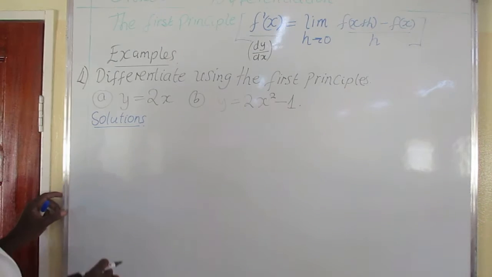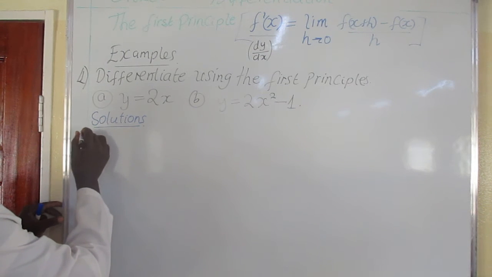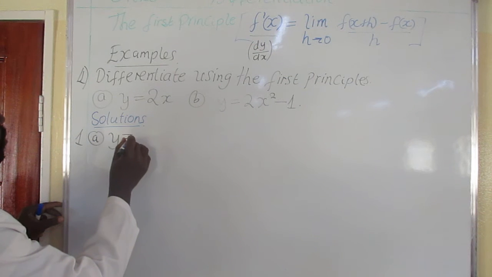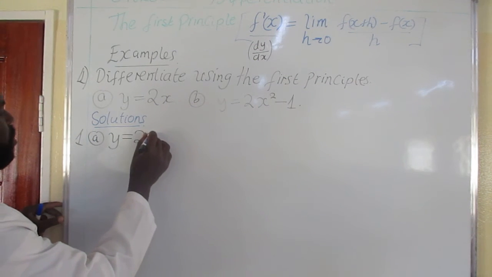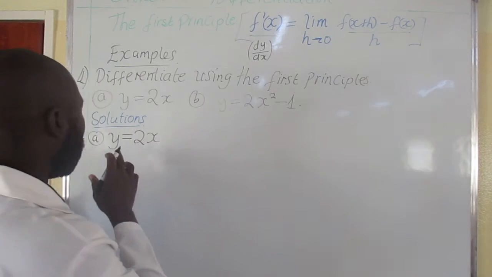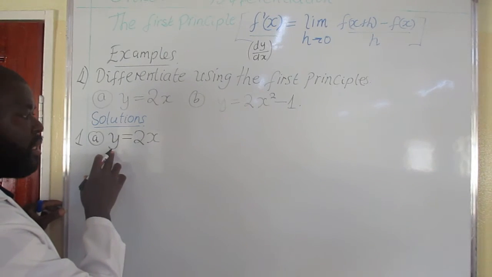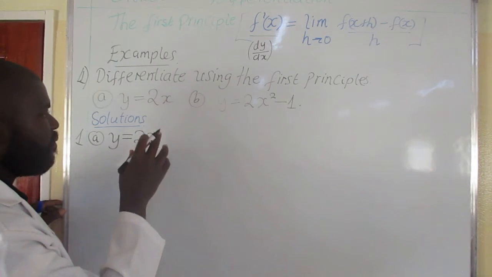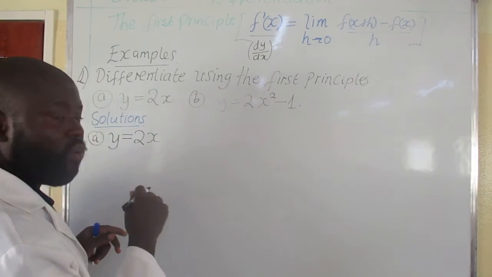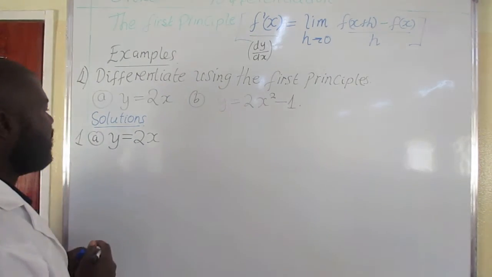So we have our example 1a, where we have y is equal to 2x. Again, y is the same as f of x. So where you see f of x or y, they are basically the same.